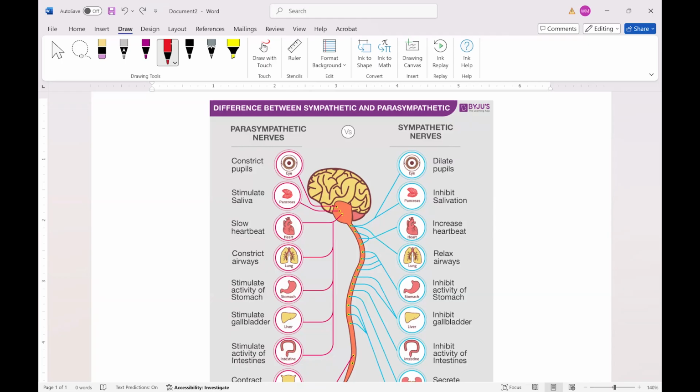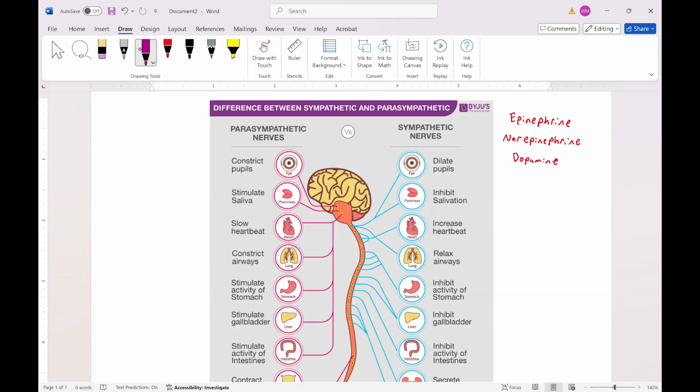So on the sympathetic side, we're really going to focus on epinephrine and norepinephrine. To a certain extent, dopamine is also involved, but we're not really going to focus on that.